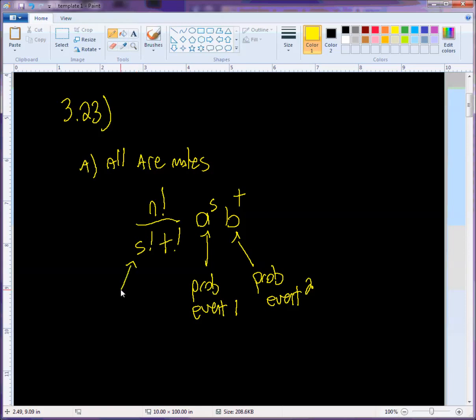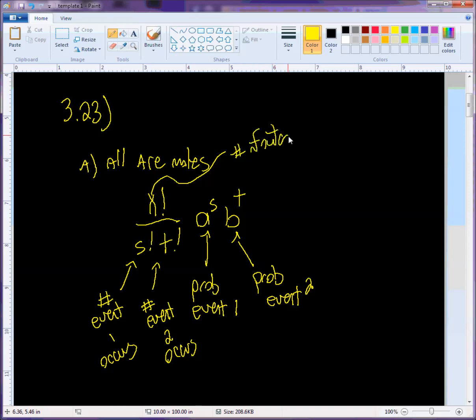S is the number of times event 1 occurs. And let's say T is the number of times event 2 occurs, and N would be the total number of outcomes here, or total number of events.